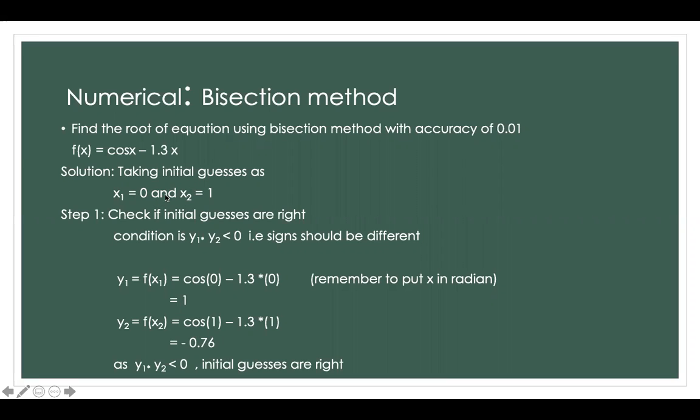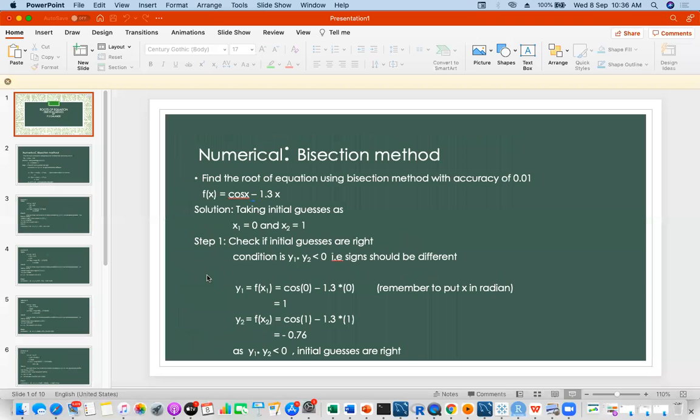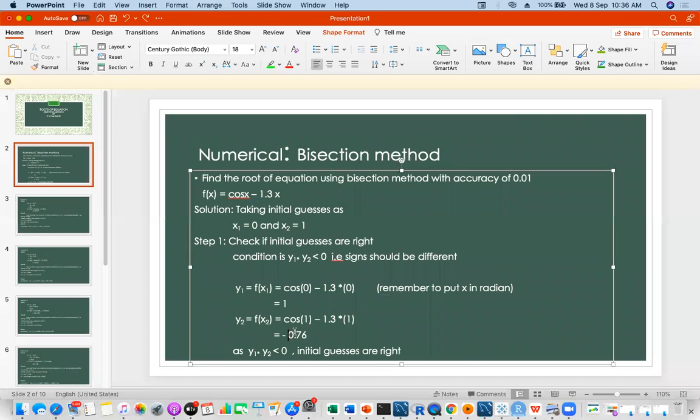If y1 and y2 both have the same sign, then we have to take x1 and x2 values again, and assume some other values, something like x1 equal to 1, x2 equal to 2.